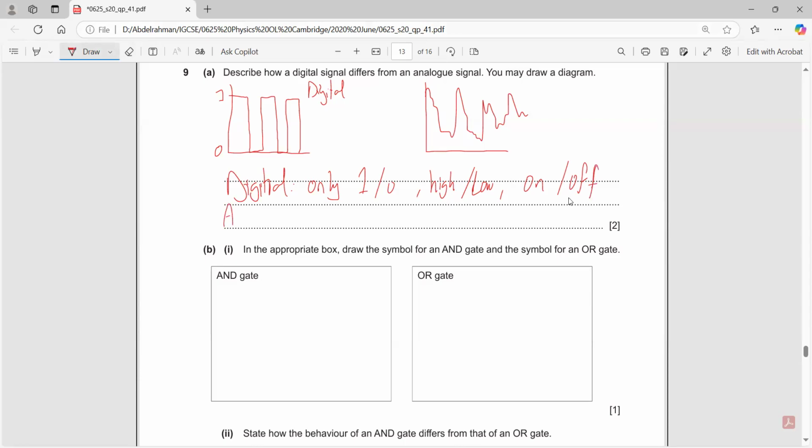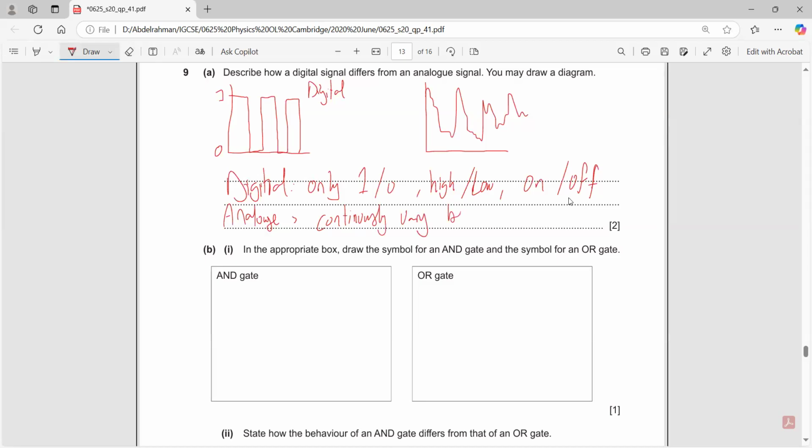What about the analog signals? Analog signals continuously vary between two values. You have to say continuously.